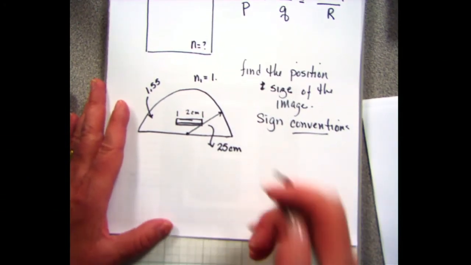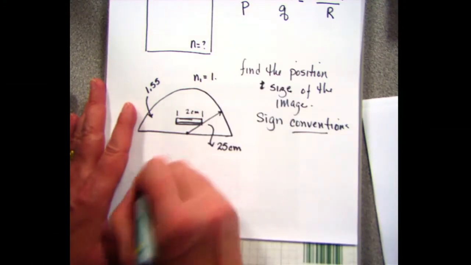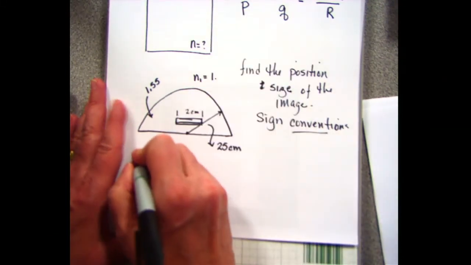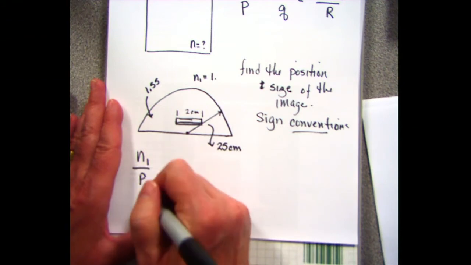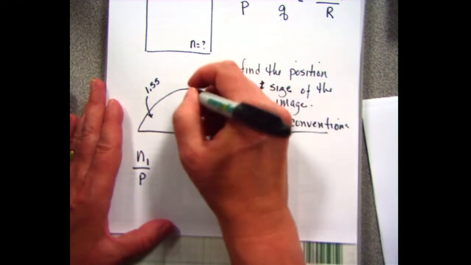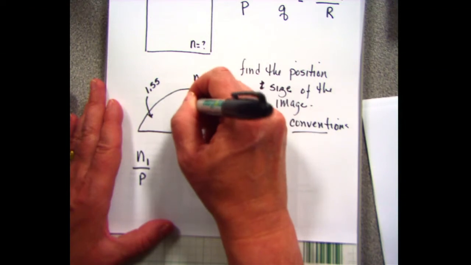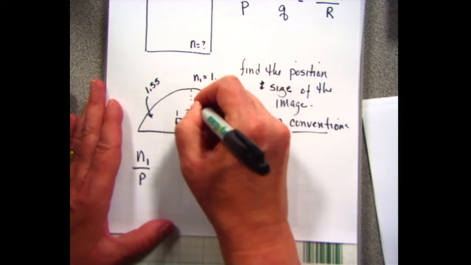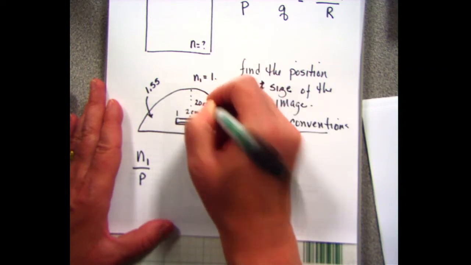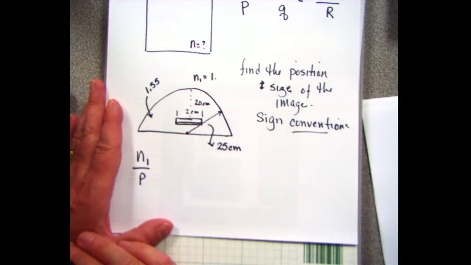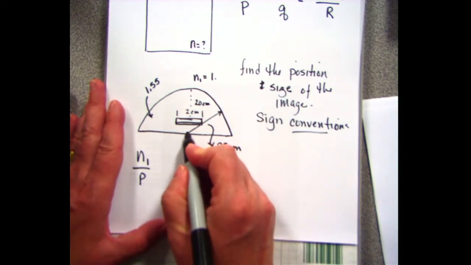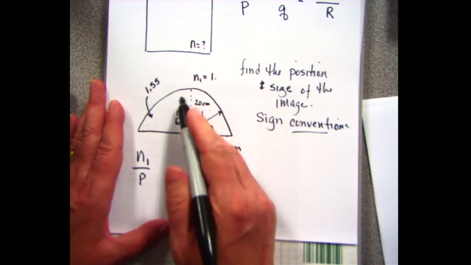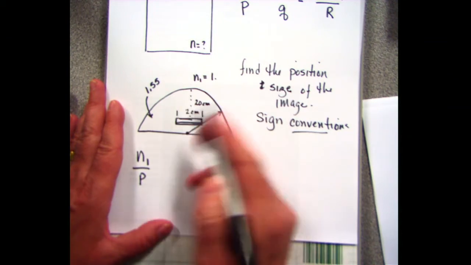So I'm going to start out with my equation, N1 over P. Oh, I didn't tell you this one. There's a piece of information: we place it in here at 20 centimeters. Now they can tell you in a problem that it's placed 5 centimeters away from the bottom, or they tell you it's 20 centimeters away from the top.